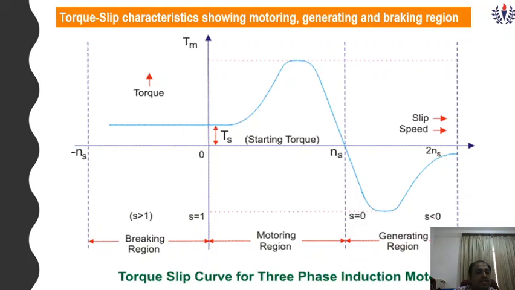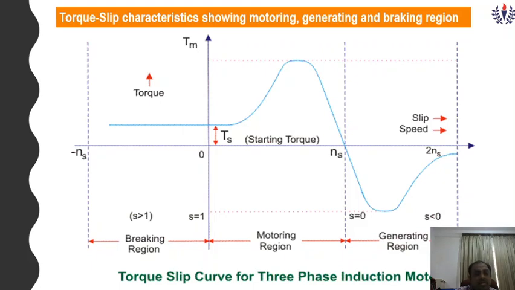Then the machine acts as a generator. When the machine acts as a generator, it takes mechanical energy and supplies electrical energy, because a generator converts mechanical energy into electrical energy. So when the rotor speed Nr is greater than Ns, the machine acts as a generator.